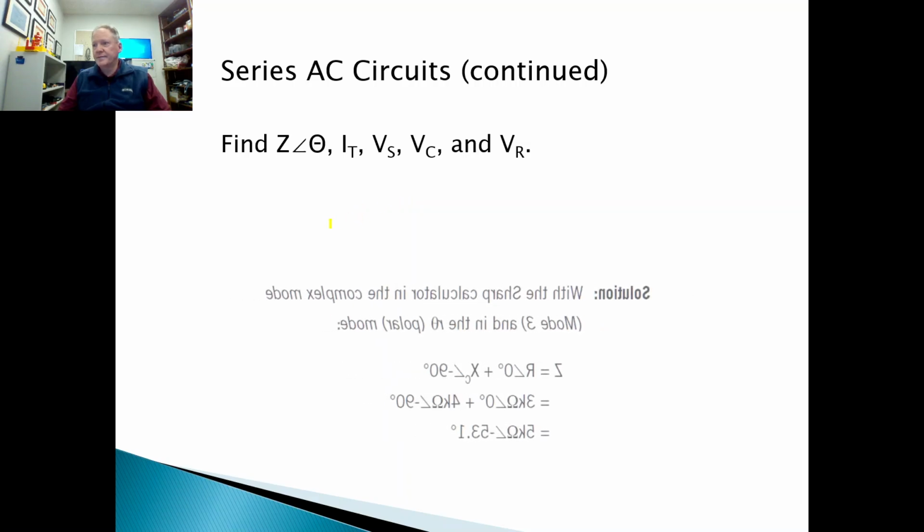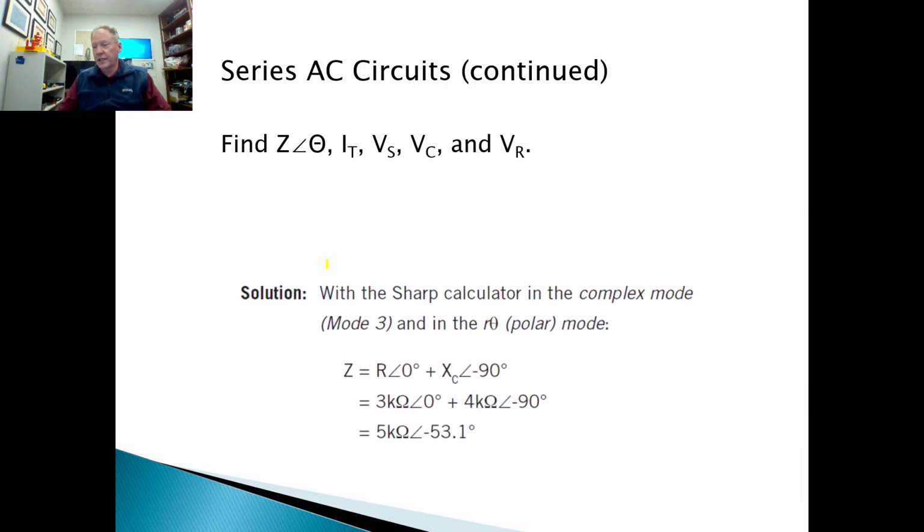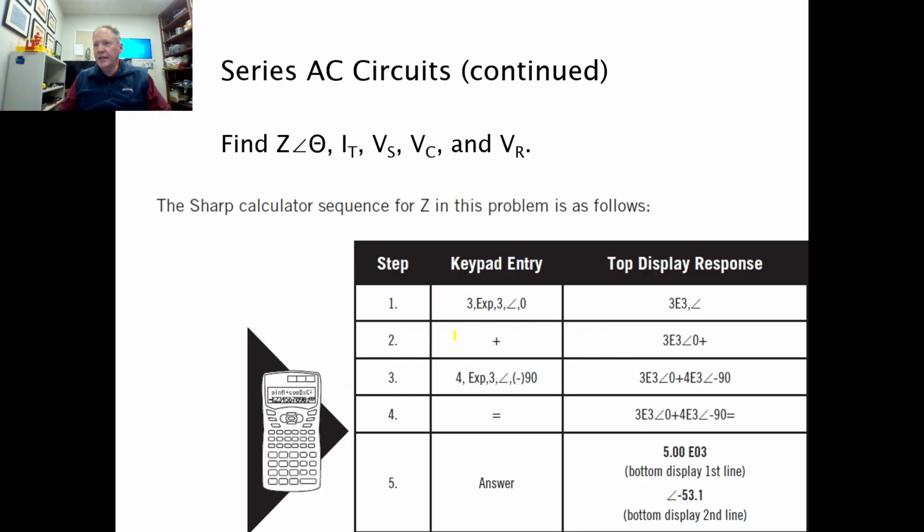So to do that, with the Sharp calculator, if we go into mode 3 and make sure we're in the polar mode, we can just go 3K angle 0 plus 4K angle negative 90, hit equals, and it calculates it for us. And it gives us 5K at an angle of negative 53.1 degrees.